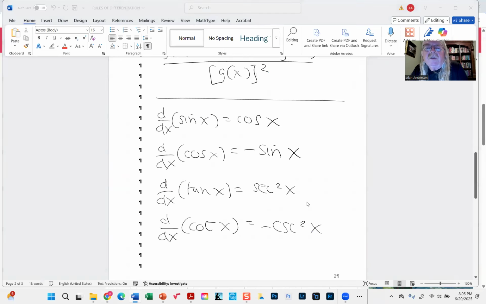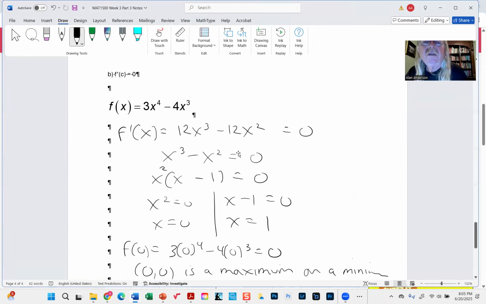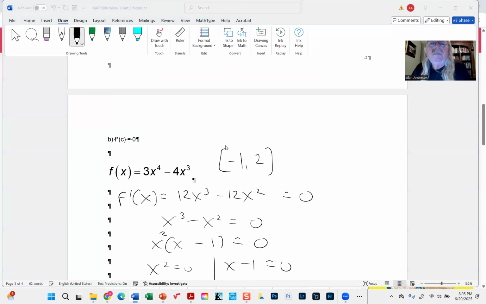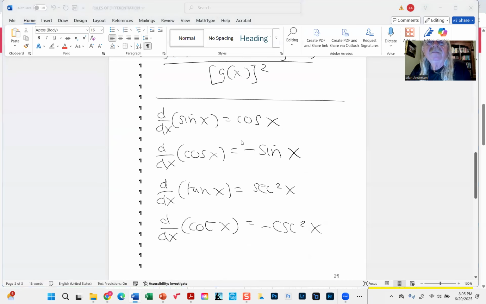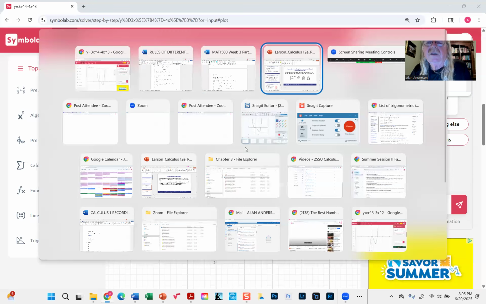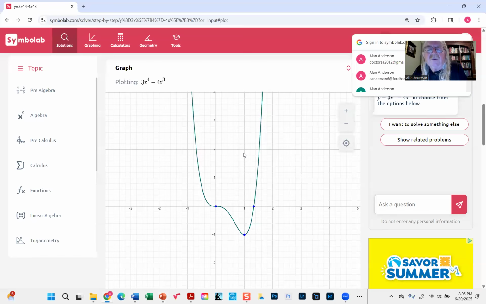All right, so because it's a closed interval, we need to also check f of -1. Oh, I forgot to write down the interval. And +2. Hold on. Yeah, -1, +2. All right, good. Let's just do that real quickly right now.